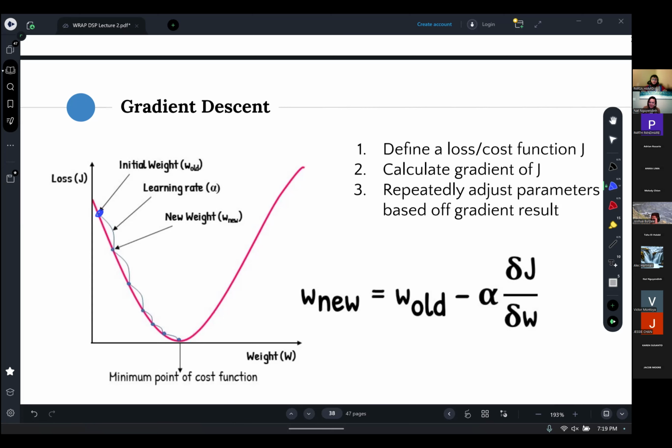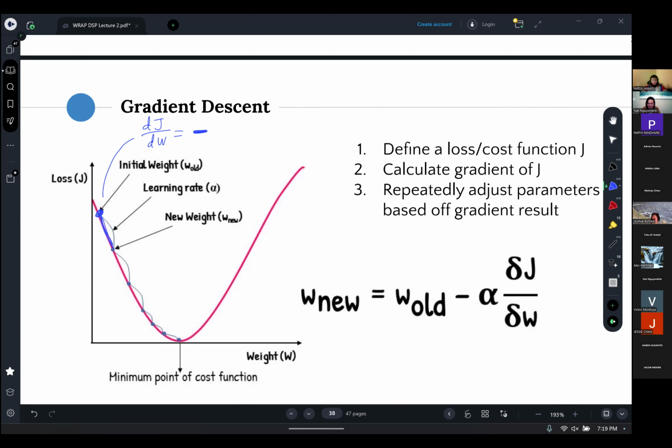The derivative with respect to W is some negative value, so if I increase W, then J should decrease, because that's how derivatives work.